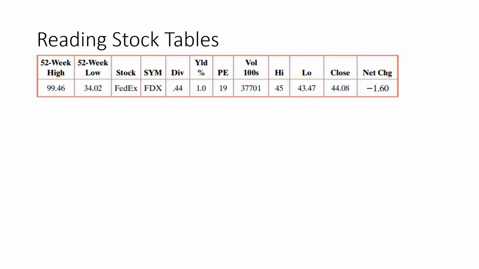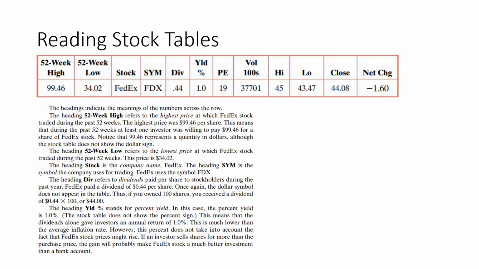So when you see stock tickers, or like when you're looking at the stocks in the paper, this is a pretty common table that you will see that just has all of this information compiled in kind of a small thing with acronyms and abbreviations that might not make a lot of sense when you see them the first time. But actually pretty much every piece outside of one thing is fairly intuitive.